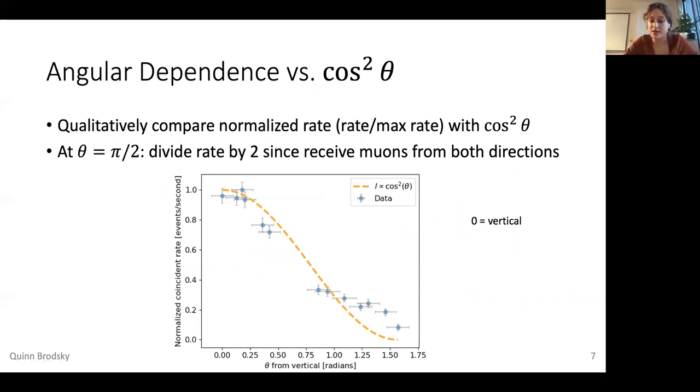For the rate determined at the horizontal, we actually have to divide the total rate by 2, since the detectors can receive muons from either direction, not just one. The distribution matches qualitatively pretty well. I've included error bars in the rates and the angles, which I will discuss later regarding the uncertainties.